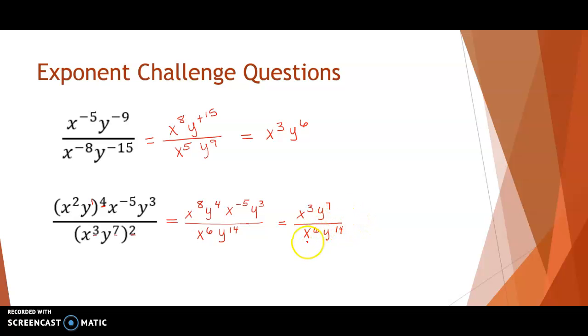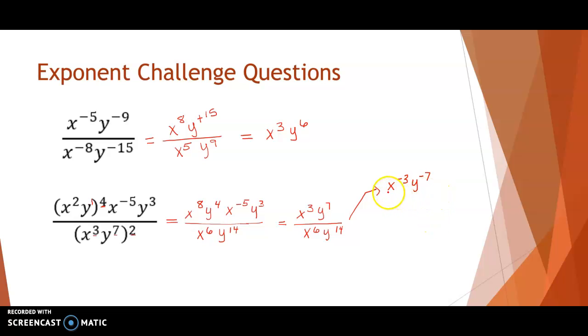So from this point, I'm trying to do division. As we talked about up here, division has us subtract the exponents, so I'm going to use that option first. So if I have 3 subtract 6, I would have x to the negative 3. And if I have 7 subtract 14, I have y to the negative 7.